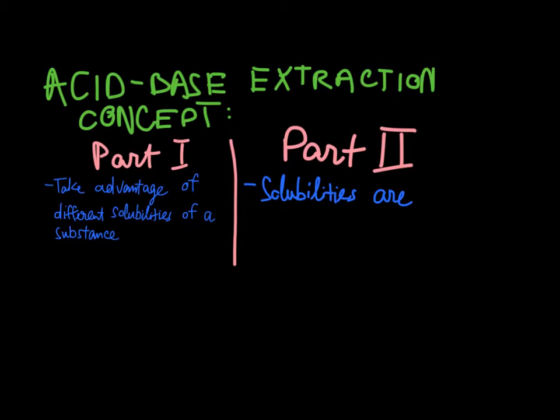In extraction part 1, we learned about the concept of liquid-liquid extraction. To review a little bit, liquid extraction is explained by the fact that if a substance is partially soluble in immiscible mixtures, it can be transferred from one mixture to the other by mixing the two mixtures together.